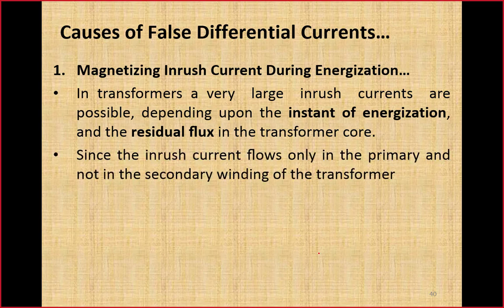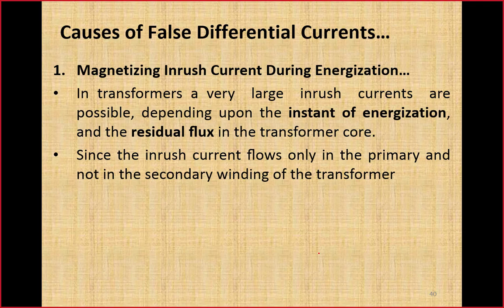This is the issue: this inrush current only exists on one side of the transformer, meaning the primary side which we have energized. It does not have its counterpart on the secondary side. So due to this reason, a differential relay will consider it a fault condition, because current will flow through only one of the CTs. This magnetization current will flow through the differential branch or operating branch of the differential relay.